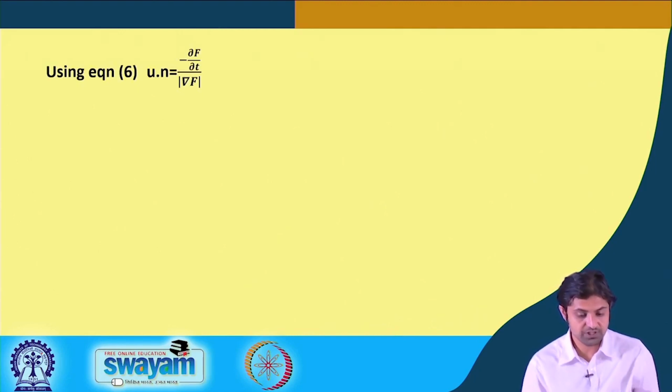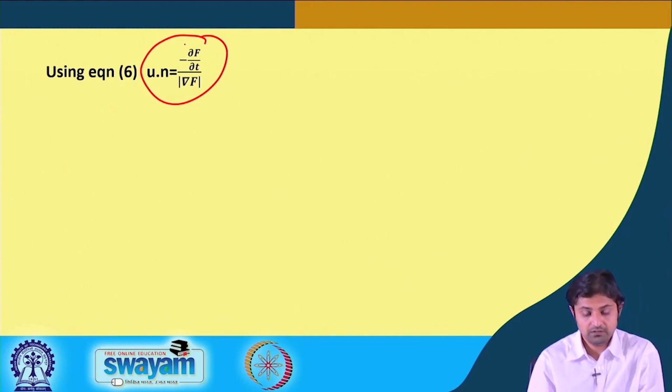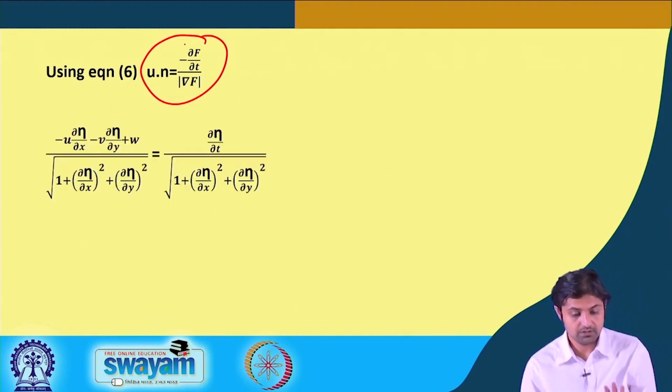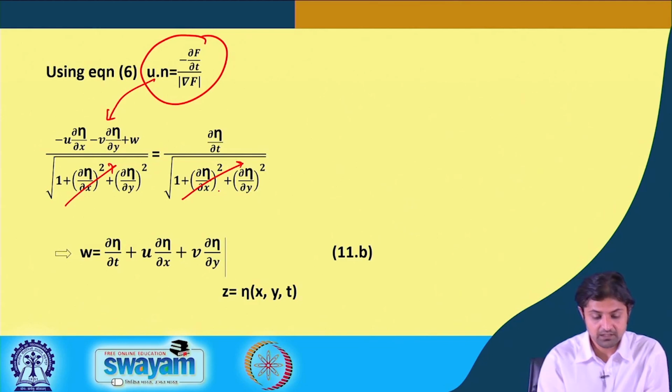Now, if we use equation 6, equation 6 was this. So this is u dot n, and if we do del f del t, it will be del eta del t divided by modulus of f, this and this will get cancelled out. So we will get w is equal to del eta del t plus u del eta del x plus v del eta del y at z is equal to eta of x y t, that is at the free surface.